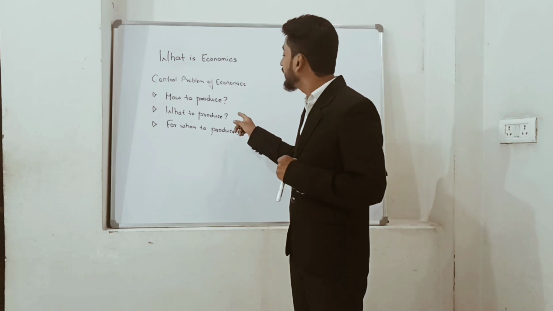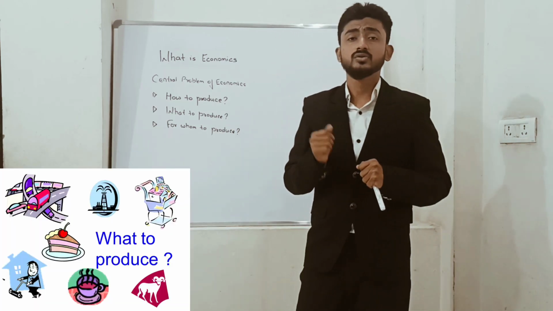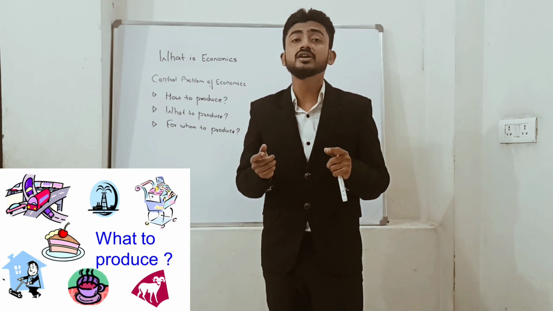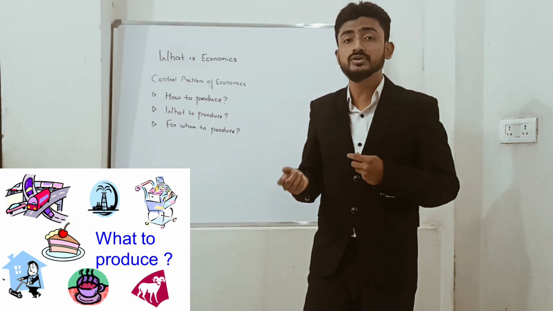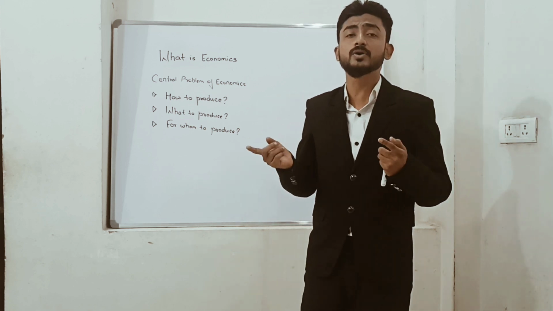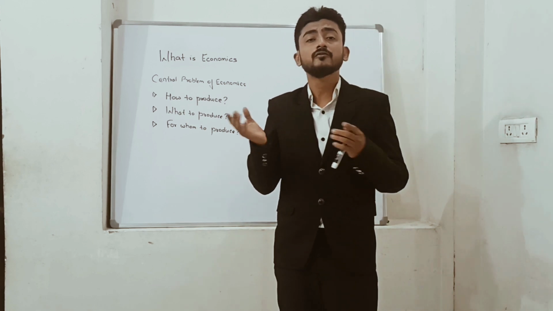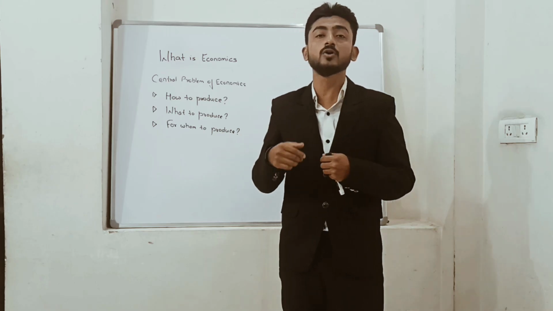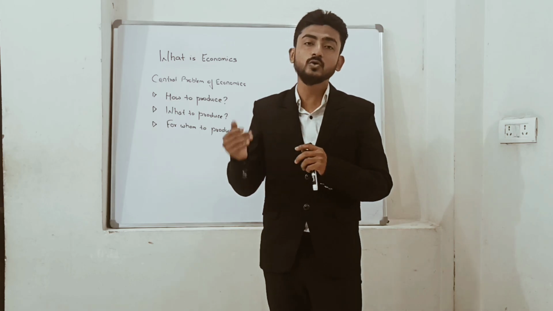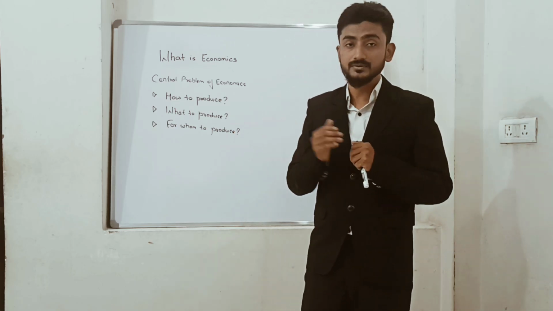Now the second point is what to produce. What to produce means what you want to produce, whether a commodity, a product or a service, from which you want to maximize your profit. As we know very well, profit is essential for growth as well as welfare.